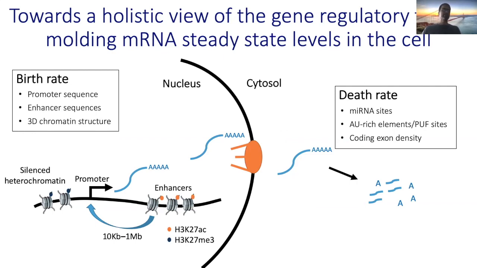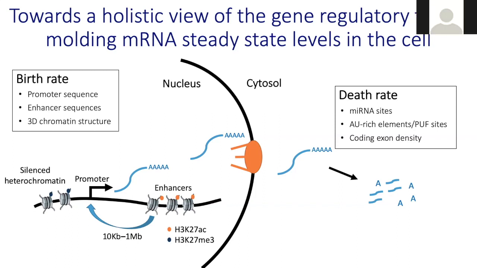These are often associated with histone marks such as H3K27 acetylation. But this process of gene activation is counterbalanced by processes of gene silencing, often associated with polycomb target regions or marked with H3K27 trimethylation. So somehow all of these different forces govern the transcriptional output of a gene.